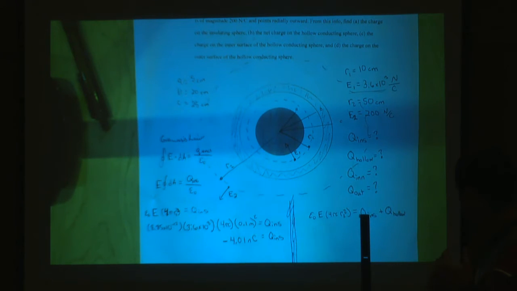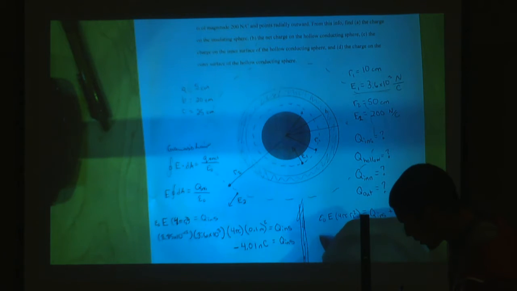Okay? Thus, our Q on the hollow sphere is going to be epsilon naught times E times 4 pi R2 squared minus Q inside equals Q hollow.